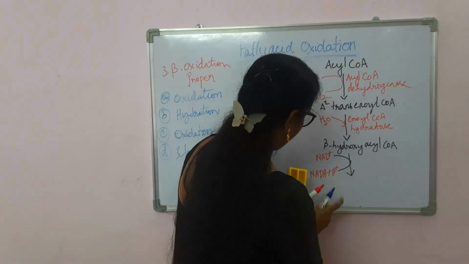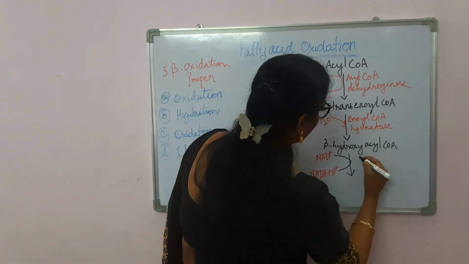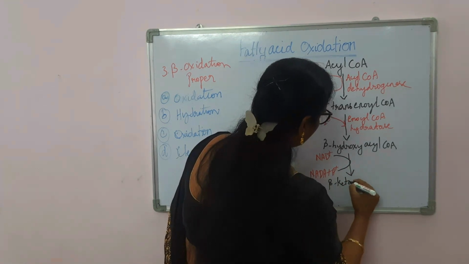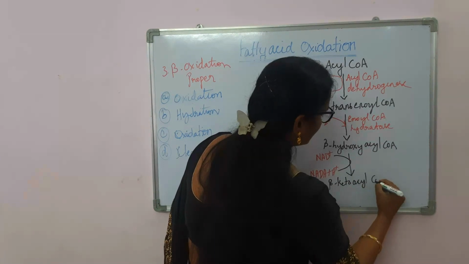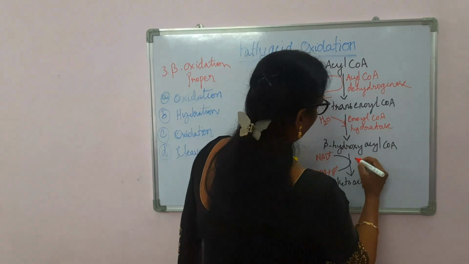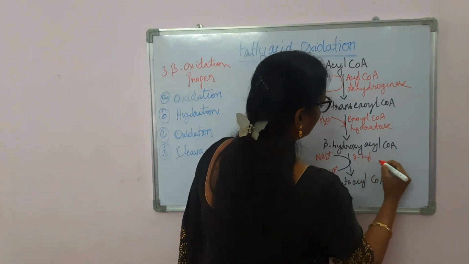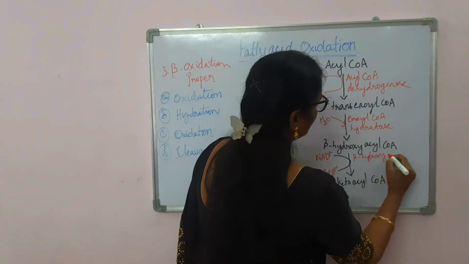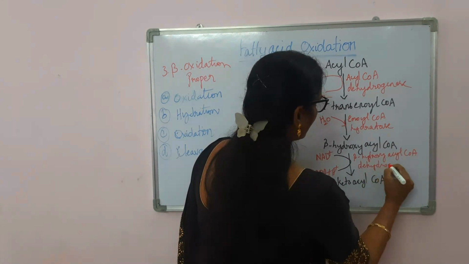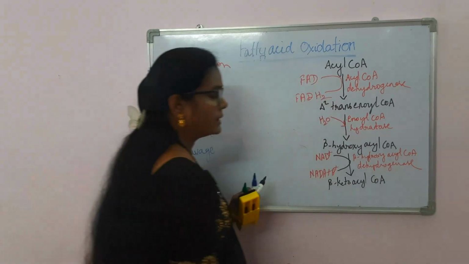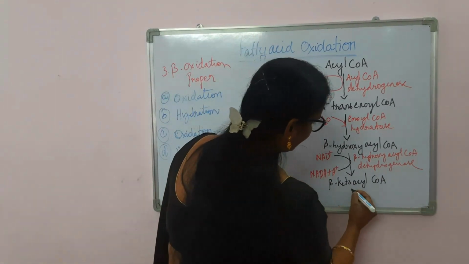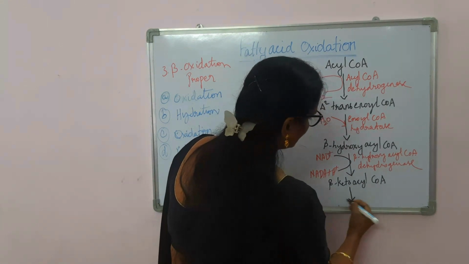So here beta keto acyl CoA is formed with the help of the enzyme beta hydroxy acyl CoA dehydrogenase. Then the final step is a cleavage reaction with the help of thiolase.